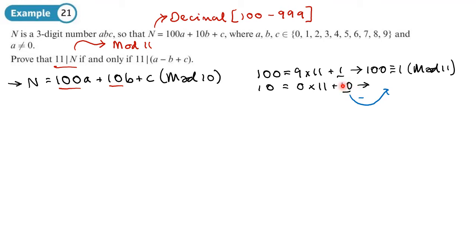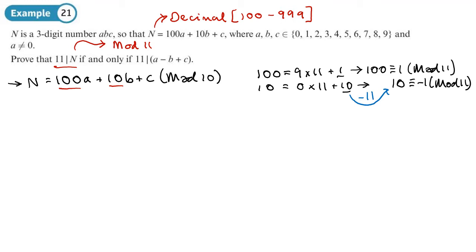But it'd probably be more useful to take away 11. So that will give me 10 is congruent to -1 in mod 11, which is more useful because if I look back at the question, there's a negative there. So that's going to be more use than saying that 10 is congruent to 10.